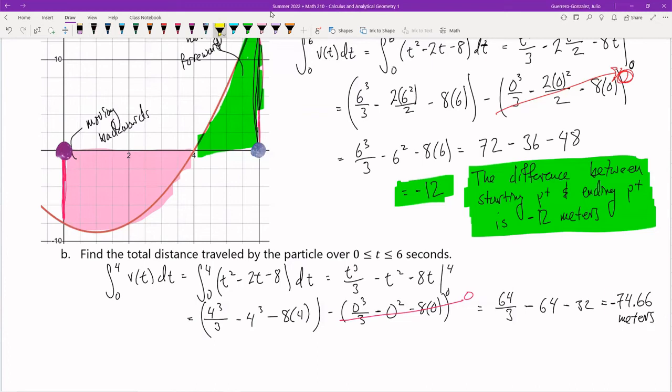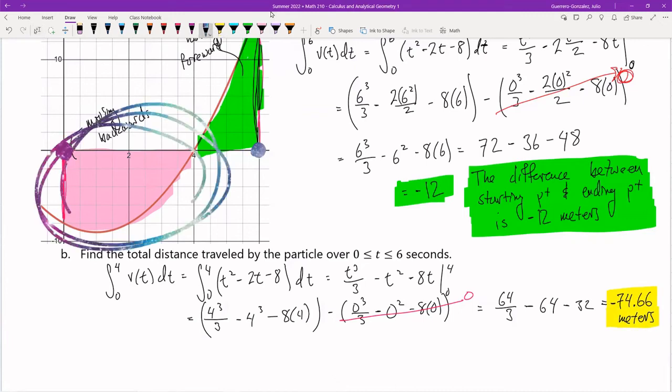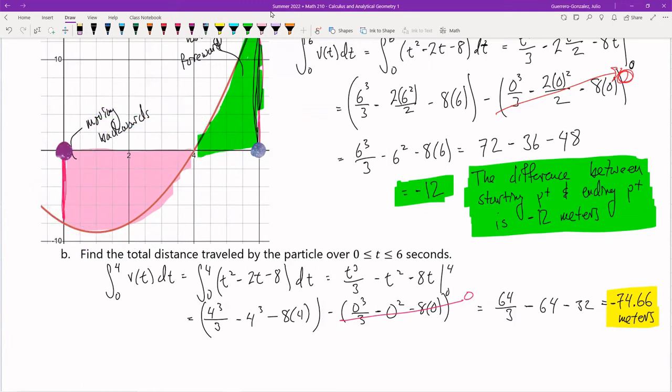I got a negative answer because, if you take a look at the graph, the particle was moving in the negative direction. So from where he started, he moved 74 meters back, okay? That's the amount of distance that was traveled in the negative direction. So then now we get to do the positive, right? That's going to be now the integral from 4 to 6 of v of t dt.